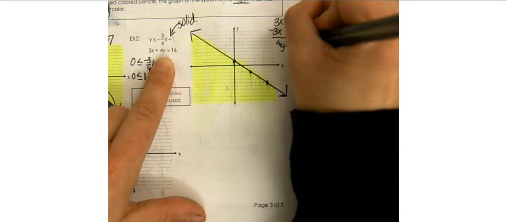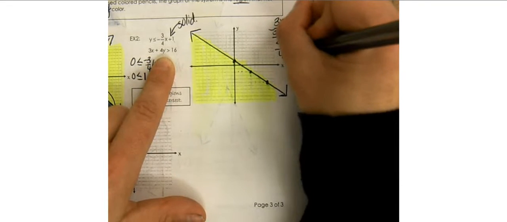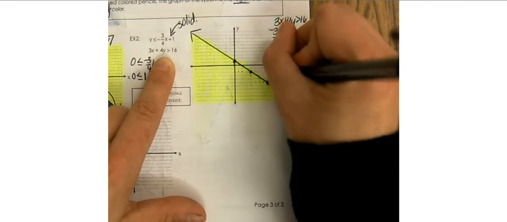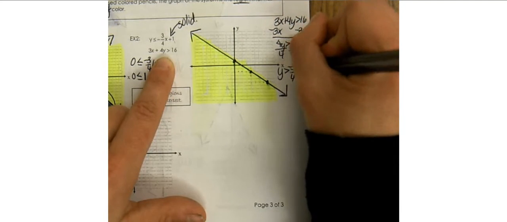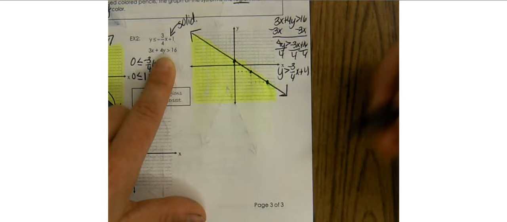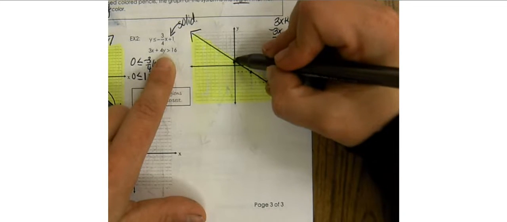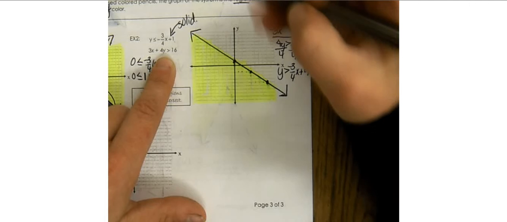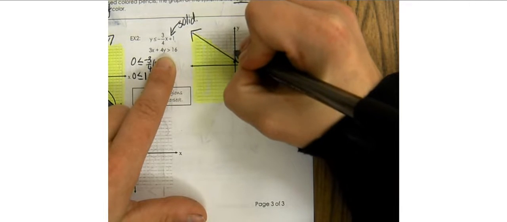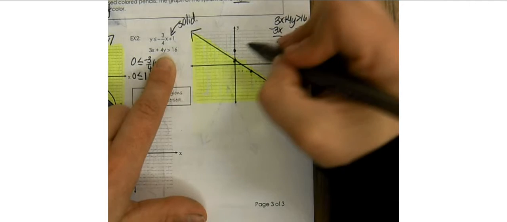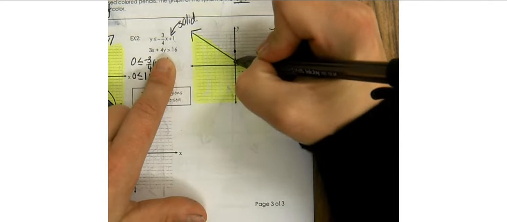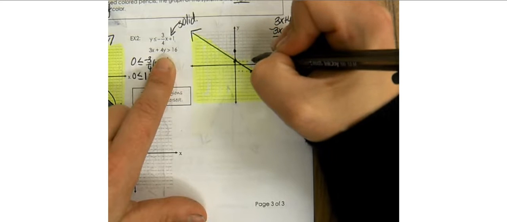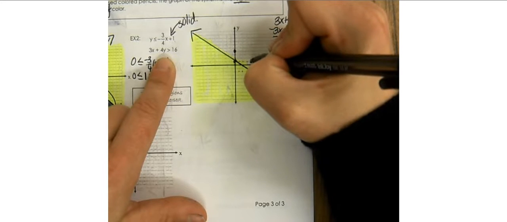Dividing every single term by 4, I end up with y is greater than negative 3/4 x plus 4. So I'm going to go up to 4. Plot a point, and then I'm going to go down 3 and to the right 4. Down 3 to the right 4.